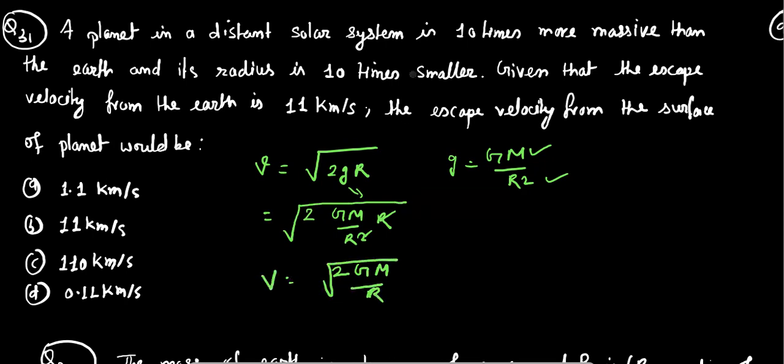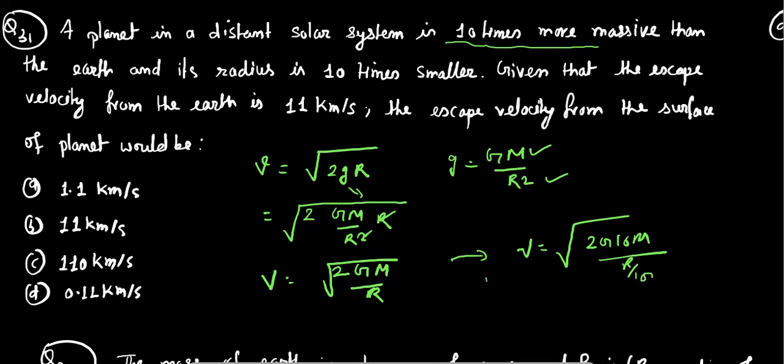Okay, now what is given here? The mass of that particular planet is 10 times more, and radius is 10 times smaller. So here I'm going to write v_p equal to root of 2G into 10M, 10 times the mass of Earth, and here R by 10.